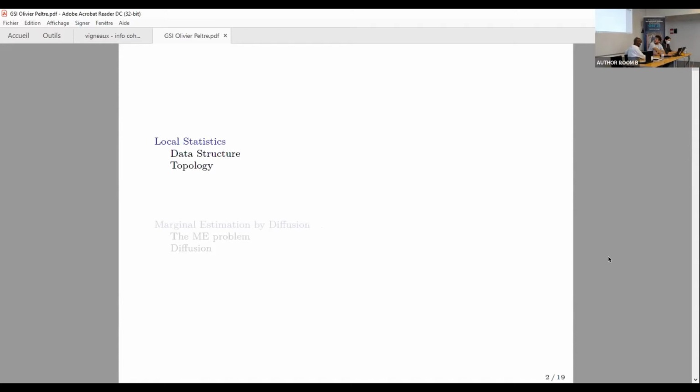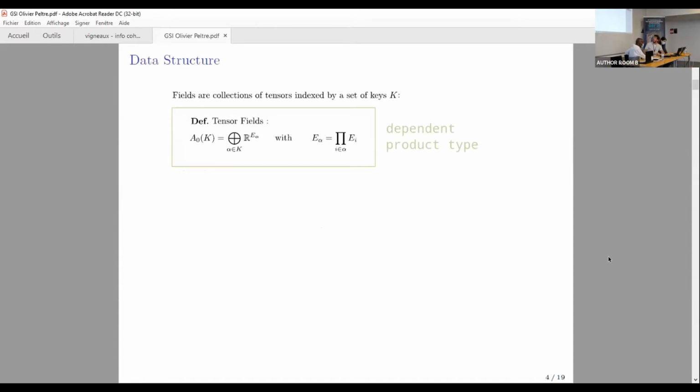Okay, so first I'll discuss a bit about the data structure that we are concerned with when trying to compute local marginals. And essentially, the main object consists of tensor fields. So I will denote by A0 this vector space, which is a direct sum of local tensor spaces.